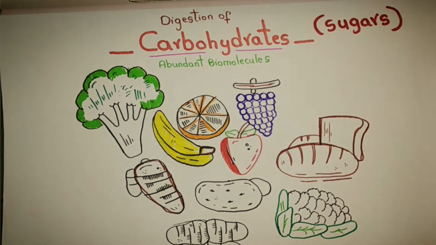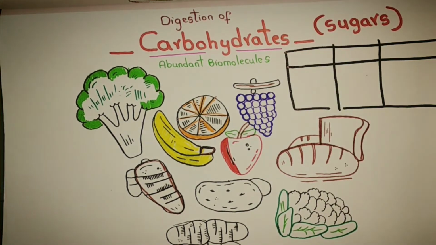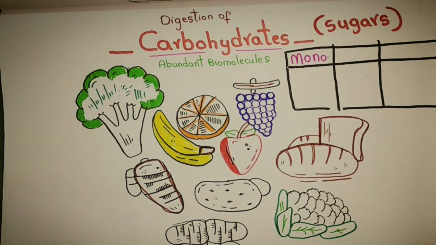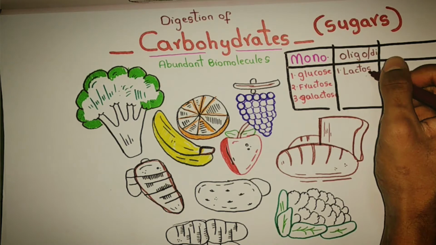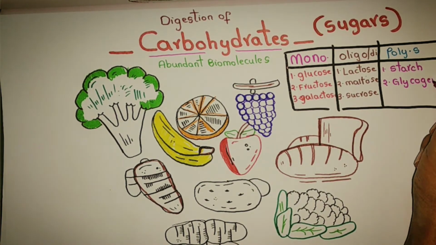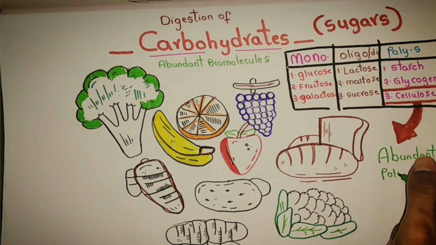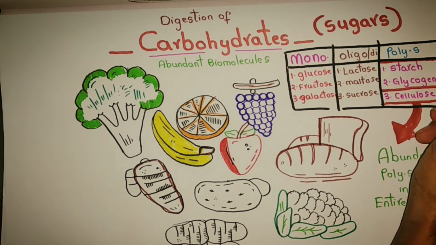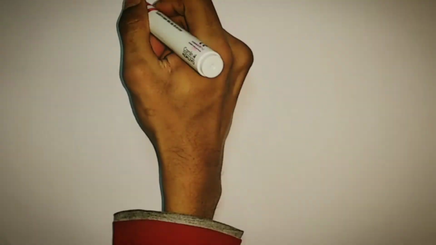These are simply called sugars and are classified depending upon the number of carbon atoms, like monosaccharides like glucose, fructose and galactose, disaccharides like lactose, maltose and sucrose, and polysaccharides like starch, glycogen and cellulose. Cellulose is the most abundant polysaccharide on planet Earth. Starch is a storage polysaccharide in plants and glycogen in animals.